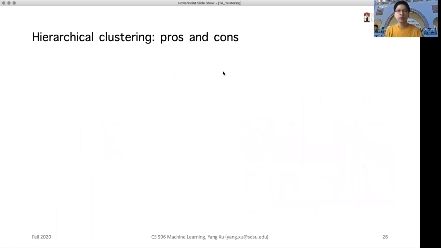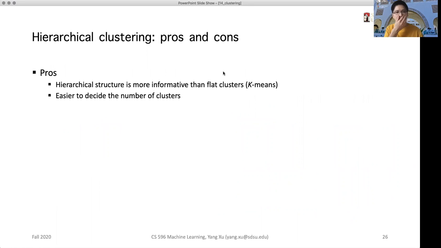Okay, so the pros and cons of hierarchical clustering are also quite clear. First of all, it is more informative than k-means. It is based on the closest distances within existing clusters, and it shows the relationship between clusters, why some clusters are formed in this way, and how a cluster can be decomposed into several clusters.